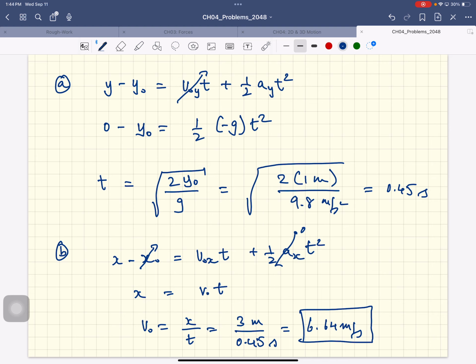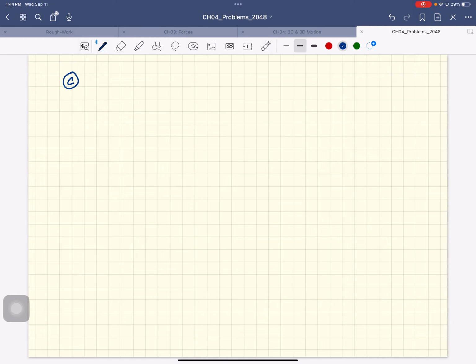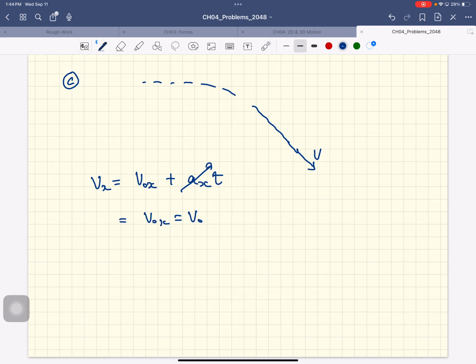All right, now let's do the final velocity. What we are calculating is the final velocity. Vx is v naught x plus a x times t. a x is 0, so this would be v naught x, which was v naught.